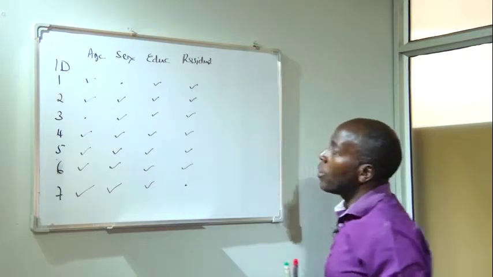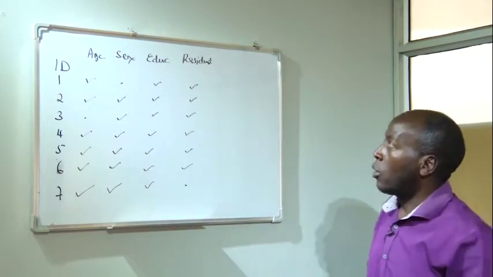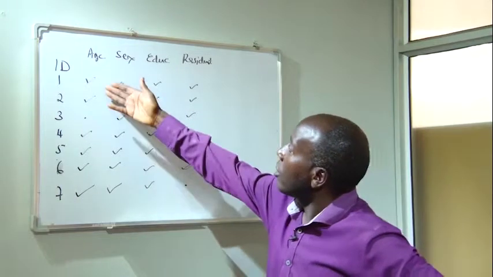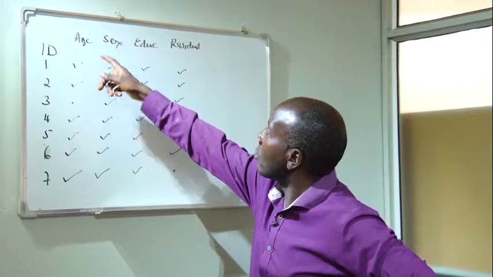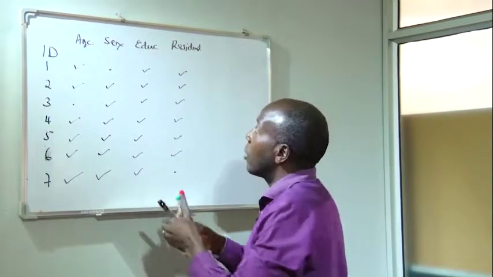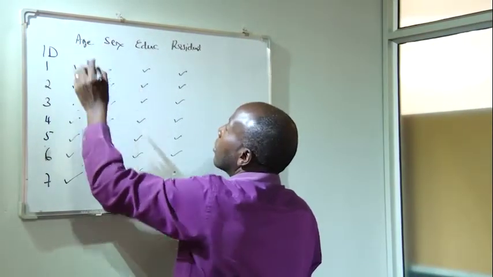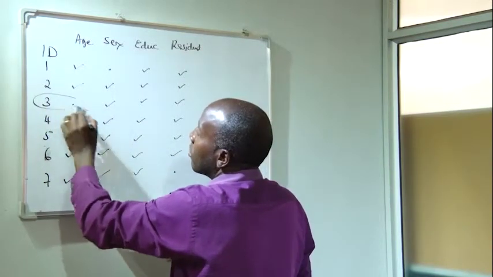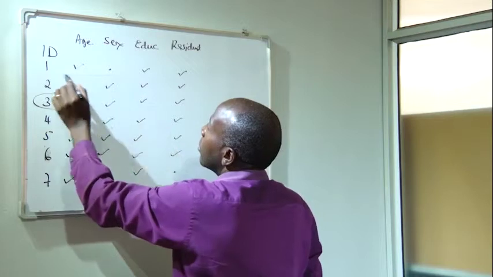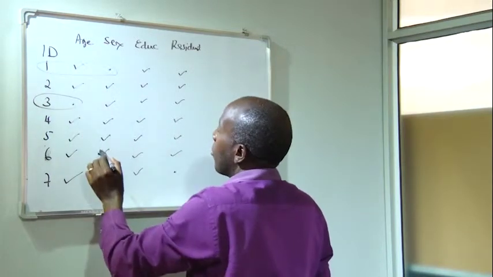Okay? Now, when we have such a scenario, you realize that each of these 7 people, whichever variable is missing, only one person is missing. And for age, it is this one, number 3. For sex, it is number 1.